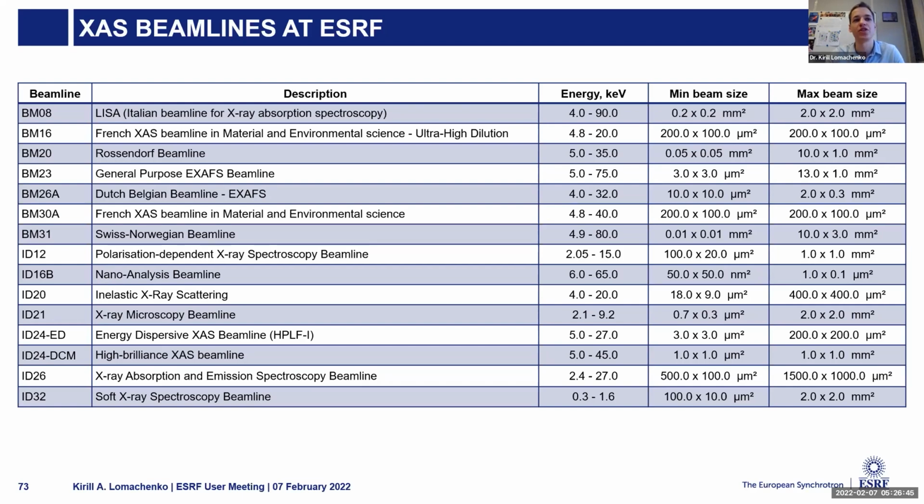Let's say ID32, the soft X-ray spectroscopy beamline, ID26, where the XAS is coupled with XES, X-ray emission, ID12 for polarization dependent XAS, ID21 for XAS with microbeam, ID16B nano beam, and so on. All of these beamlines have different characteristics.